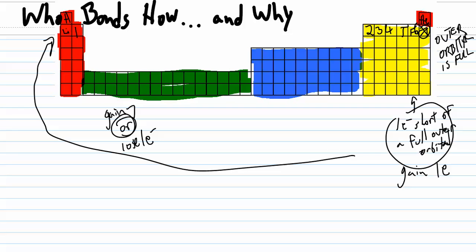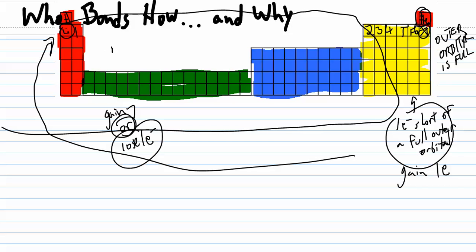So that's the low energy choice. The easier choice is to lose 1 electron. So if lithium loses 1 electron, he becomes like helium, and then he has his outer level full, which is the level that has only 2 electrons in it. So that explains why all the metals on the table want to lose electrons and therefore become positive.